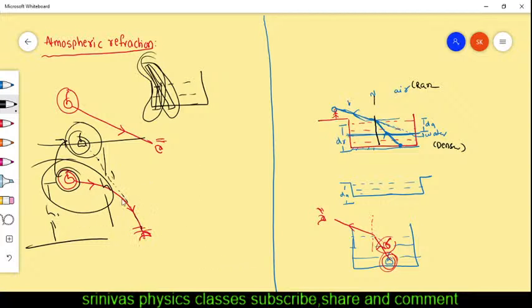Right. And now we are discussing atmospheric refraction. I am explaining atmospheric refraction, so listen very carefully. I am going to erase. The actual topic I am going to start.